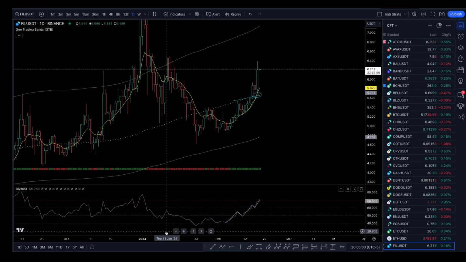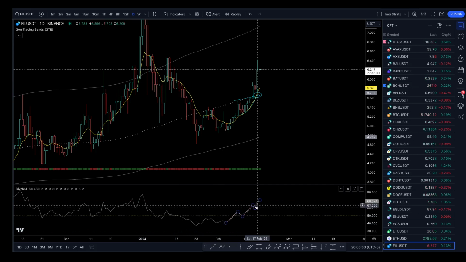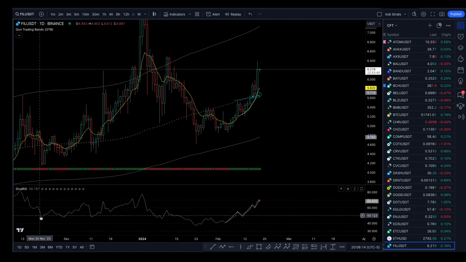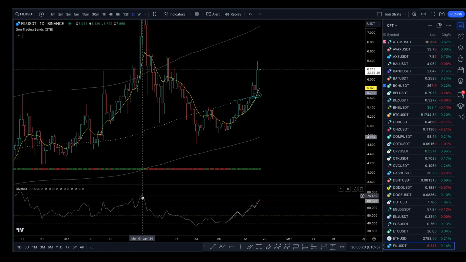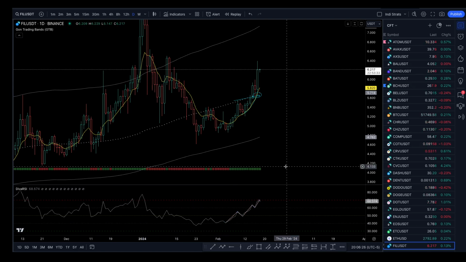Yes, you will find examples where that's not the case, but if you analyze back price, you will see that as long as the RSI is moving above 50, 60 even better, 70 is great, you will have the biggest movers in the market.